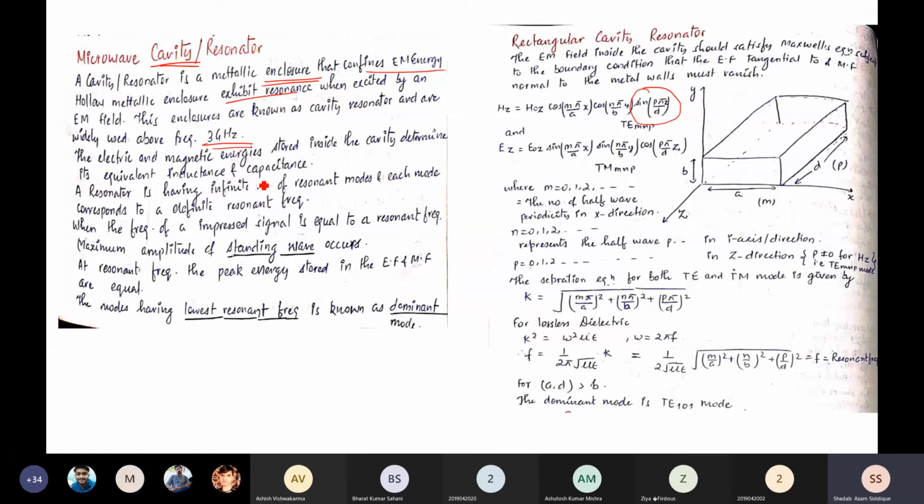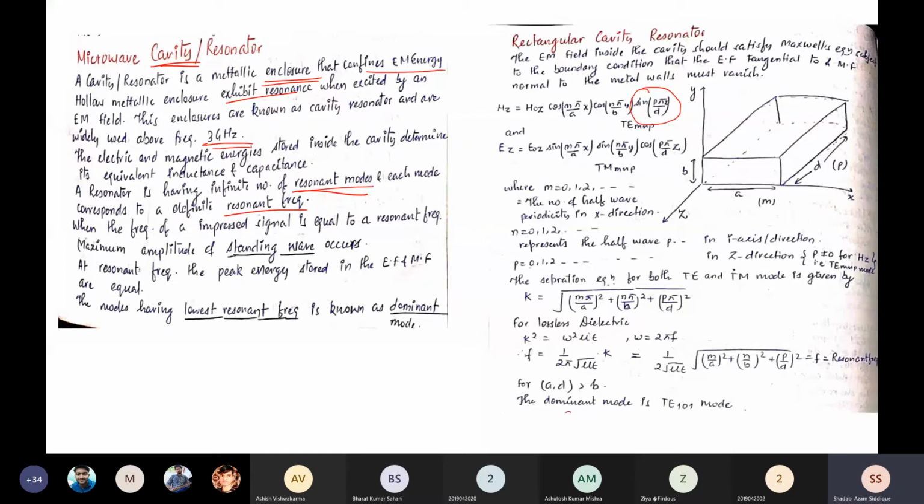A resonator has an infinite number of resonant modes inside the cavity, and each mode corresponds to a definite resonant frequency. So an infinite number of resonant frequencies will be there.